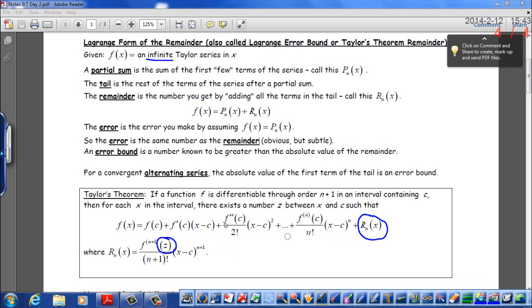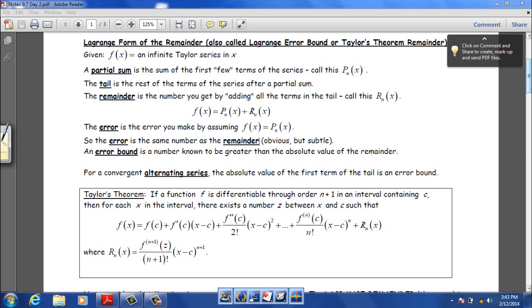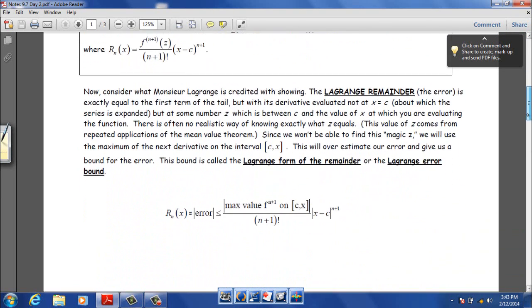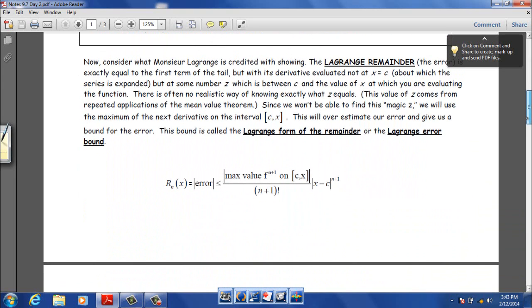So that brings up what this guy named Lagrange figured out. Lagrange figured out that if we just take the maximum value of this next derivative between x and c, so z is somewhere between x and c, so we're just going to find the maximum of that next derivative between c and x, then that number is going to be either greater than or equal to f of n plus 1 at z.